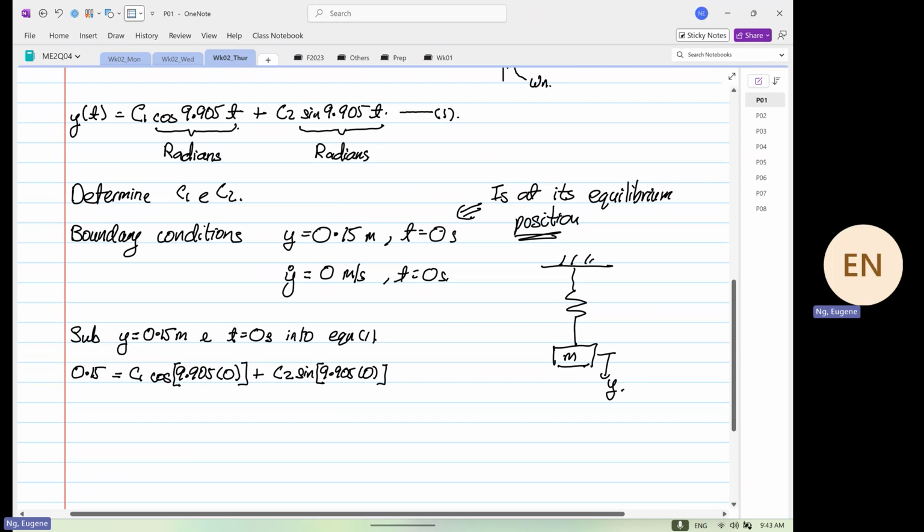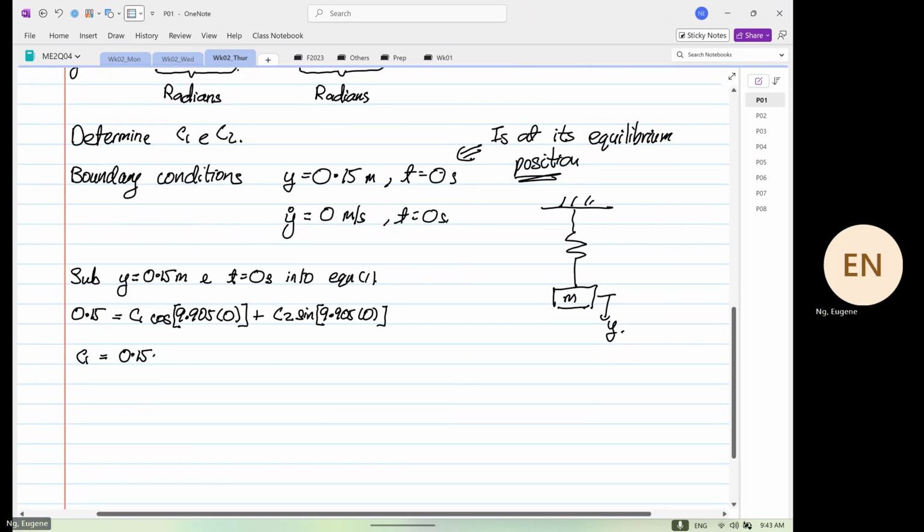So what you realize is that C1 over here is equal to 0.15. And then from here, we're going to substitute dy by dt, or y dot, which is equal to 0 when time is equal to 0.